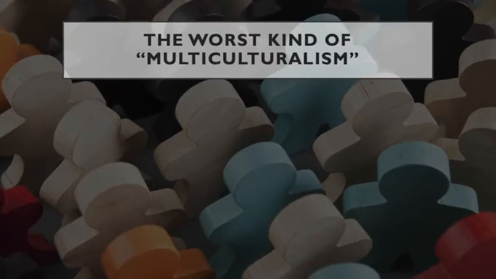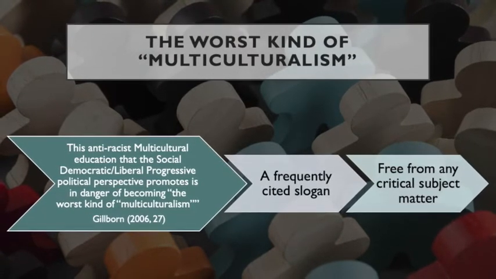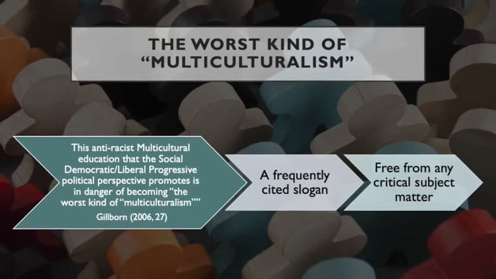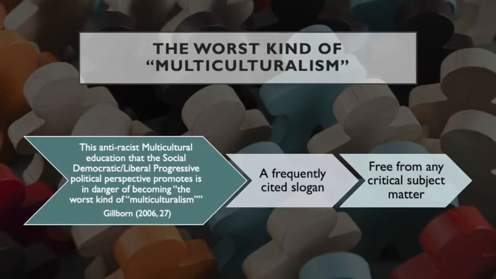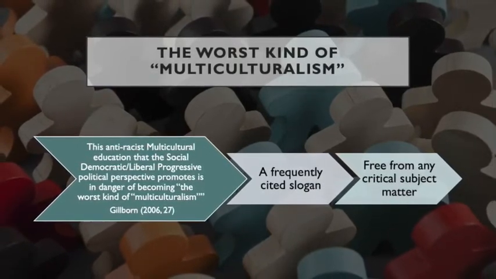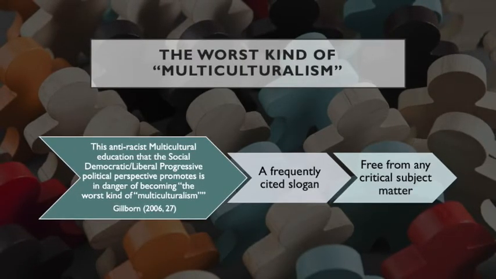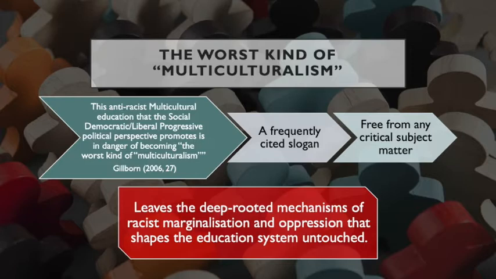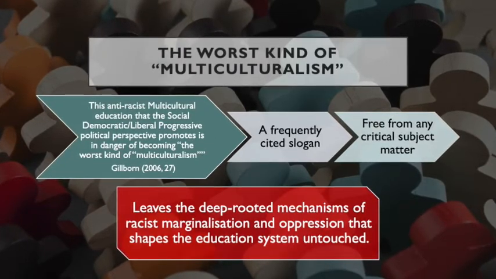Gillborn argues this anti-racist multicultural education that the social democratic, liberal progressive political perspective promotes is in danger of becoming the worst kind of multiculturalism, which is used simply as a frequently cited slogan, free from any critical subject matter, and leaving the deep-rooted mechanisms of racist marginalisation and oppression that shape the education system untouched.